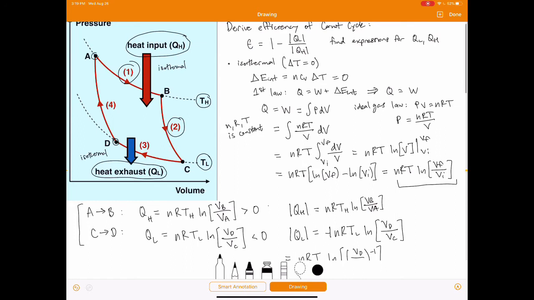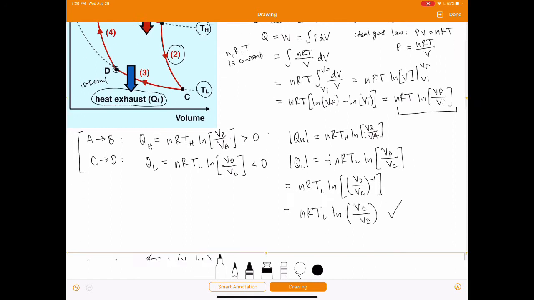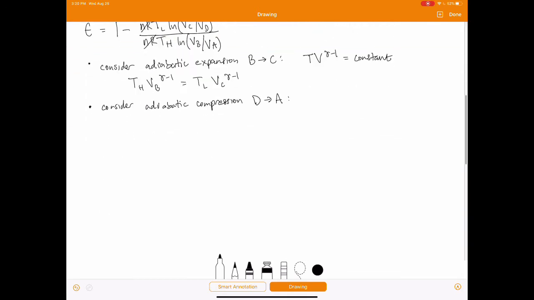And then once I go to point A, my temperature is TH. Okay, so the relationship will say TL times VD to the gamma minus 1 is equal to TH times VA to the gamma minus 1. Okay, so we have these two adiabatic relationships.